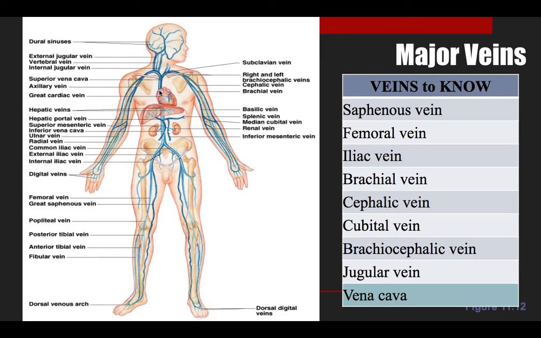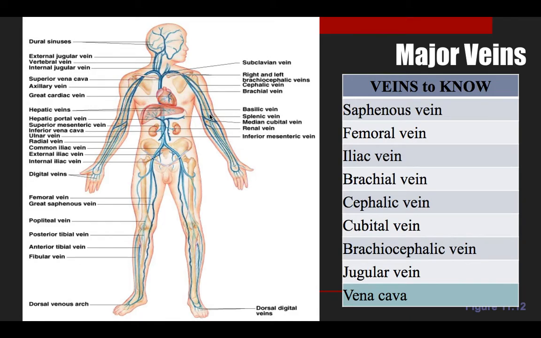At the same time, you also have the brachial vein, which is right here. It's also shown for you right here. And you have the cephalic vein, which is superior to the brachial vein, or more lateral to the brachial vein.